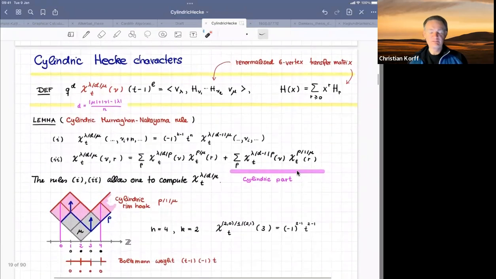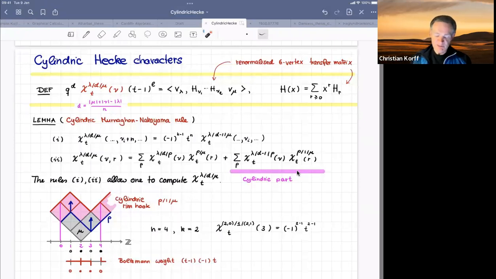I now just come up with a generalized definition of my Hecke characters, which is inspired by what we did before on the infinite lattice with open boundary conditions. So what I do is I decompose my transfer matrix as a polynomial in my spectral parameter x, which entered the Boltzmann weights, and I just look at these operators which I get as the coefficients of this polynomial.